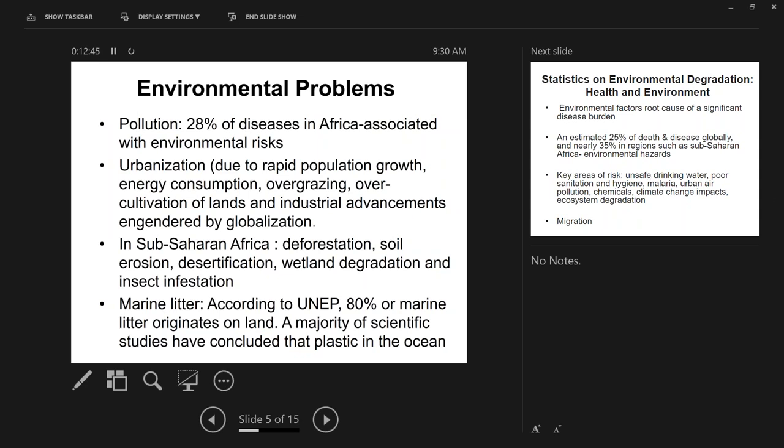Another example that I will give is the Dadaab refugee camp in Kenya, where I currently am. This refugee camp was established in 1991 to 1992 to cater for asylum seekers from the Republic of Somalia.